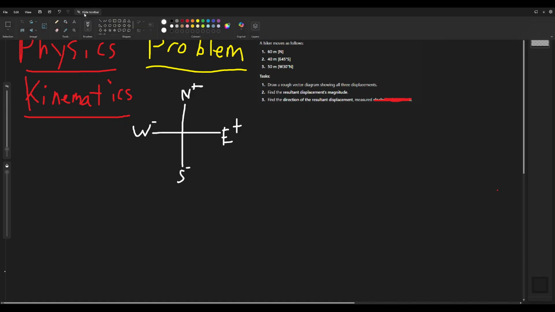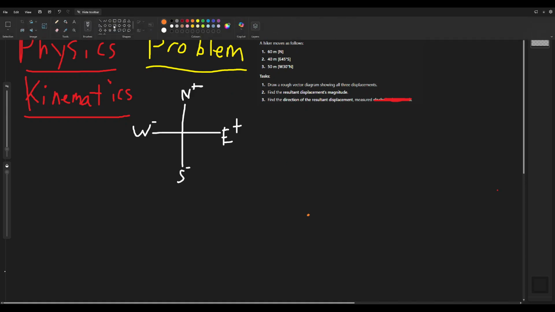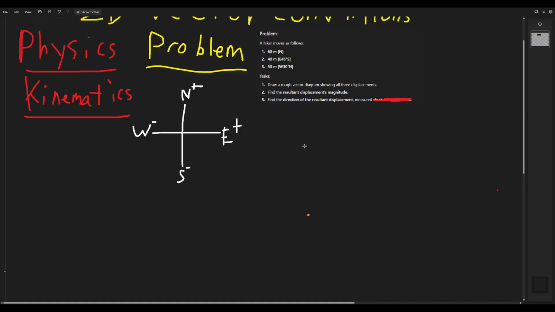So it says a hiker moves 60 meters north first. So what I'm gonna do is just place a dot here. That's where the hiker starts. And then I'm gonna draw a line up. And this is not to scale. It doesn't have to be to scale because it's just a rough diagram.